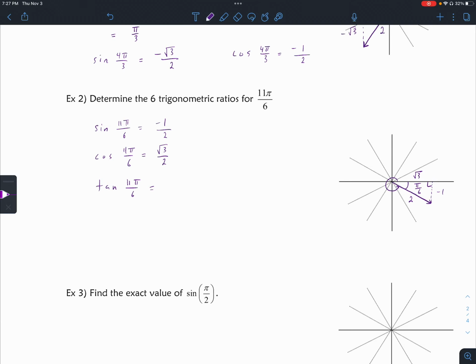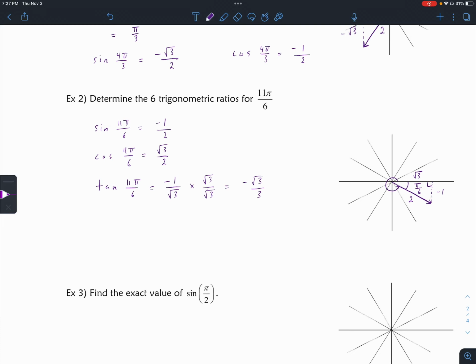So opposite over adjacent, -1 over root 3. Now it would be a good idea to rationalize this because you don't want to have a radical in the denominator. So negative root 3 over 3.